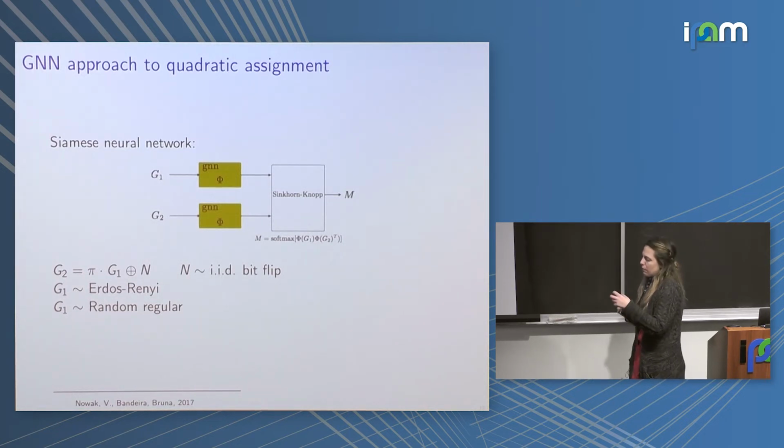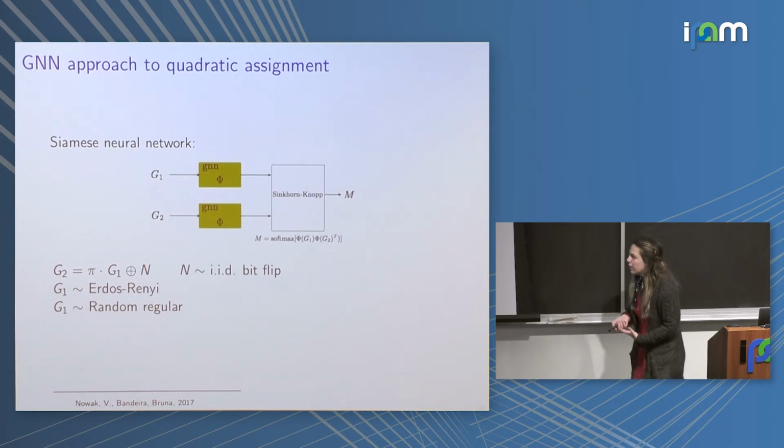You train it in a way that you find an embedding for these two graphs, and then you compute the outer product between these embeddings, and you round it to a permutation using the Sinkhorn-Knopp algorithm or a linear program or whatever. And then the outer product of these two embeddings will be close to a permutation. That will be the permutation that sends G1 to G2.